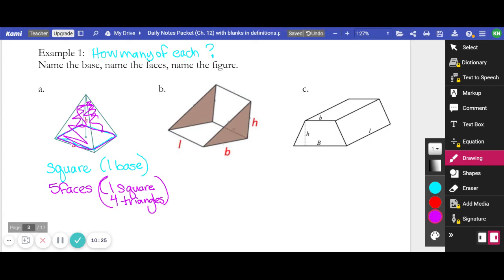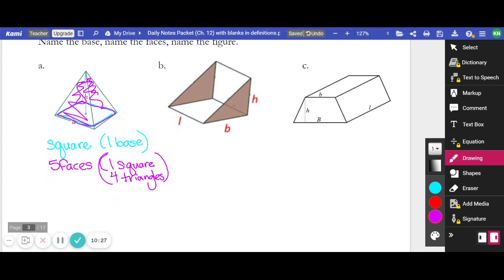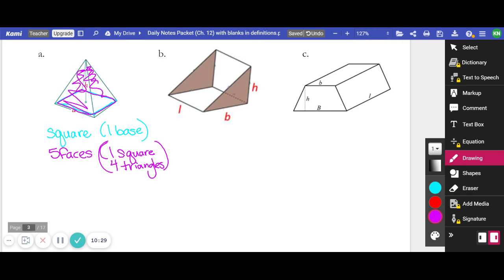So the name of the figure, if it has 1 base and triangles for sides, that makes it a pyramid. What type of pyramid? You say what type of pyramid by saying the name of the base. It was a square.